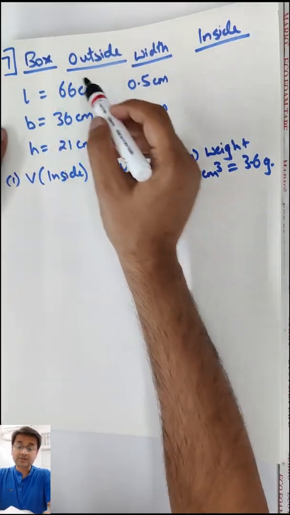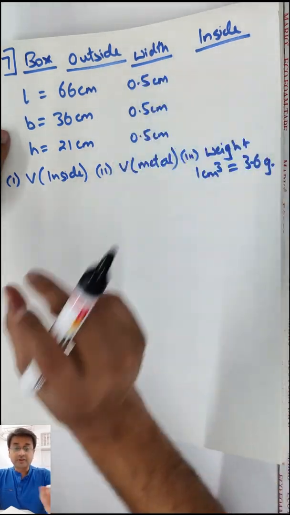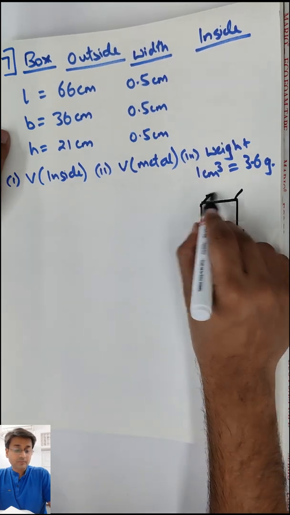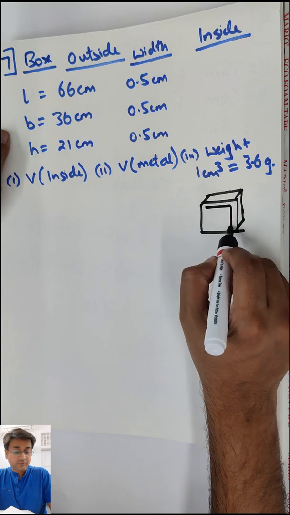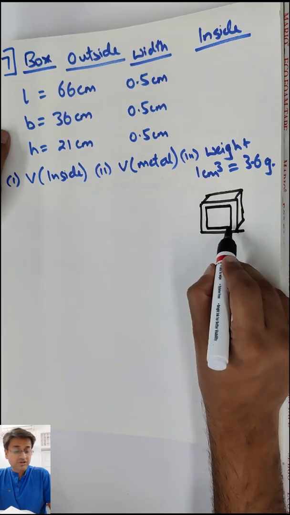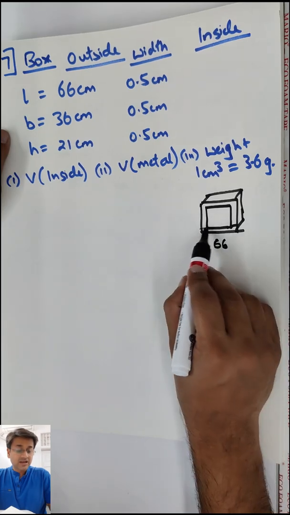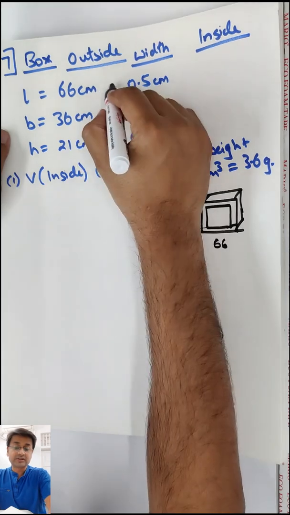So you have a box whose outside measurements are these. It has a width. So width basically goes on both the sides. So let's say this is the box, okay? Now the width means this much inside you'll have to come. 0.5 from each side. So the outer length is 66. Inner length will be minus 0.5 from two sides.